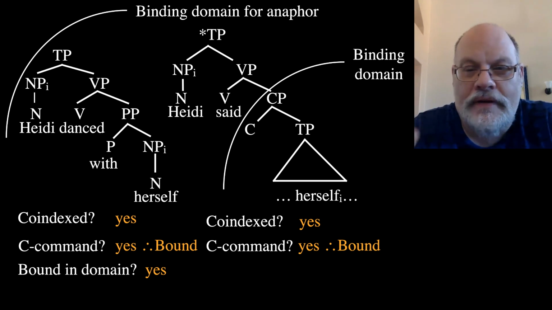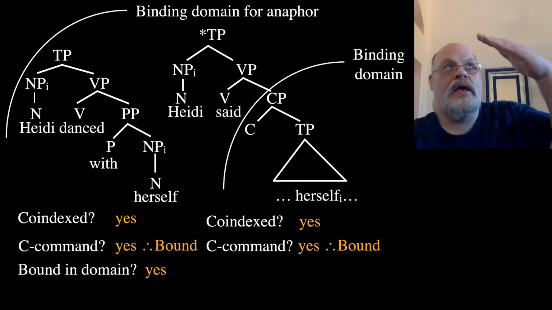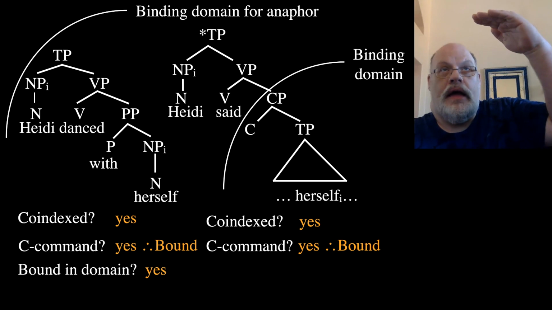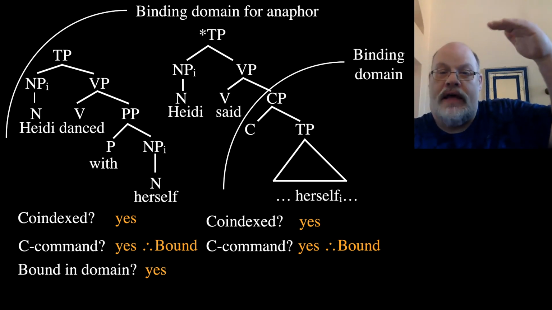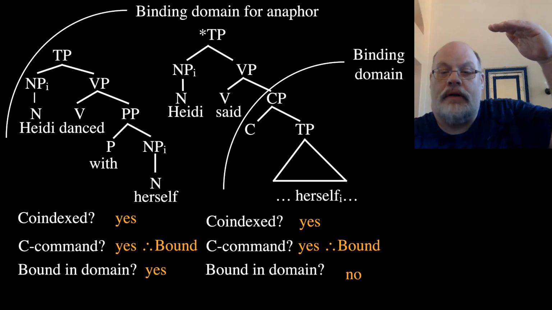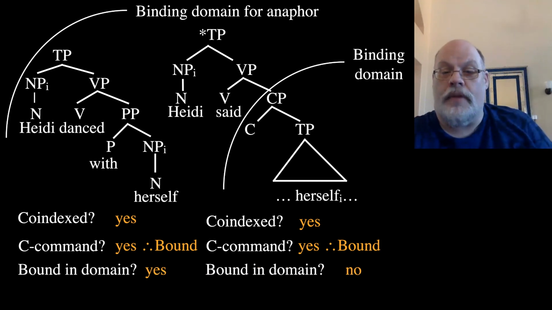The sentence is still ungrammatical. Why is it ungrammatical? It's ungrammatical because it's not bound within its binding domain. So the anaphor looks up the tree and sees a CP, and it can't see beyond that CP for its antecedent. So it's ungrammatical. It is not bound within its domain.